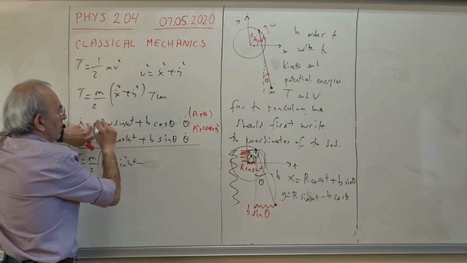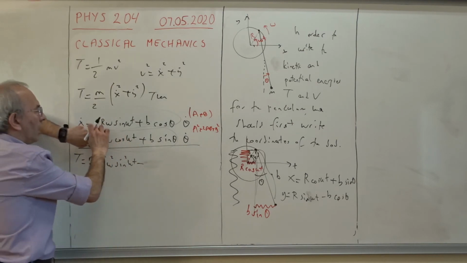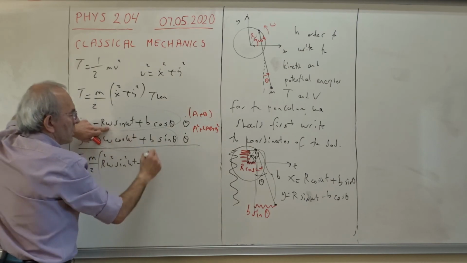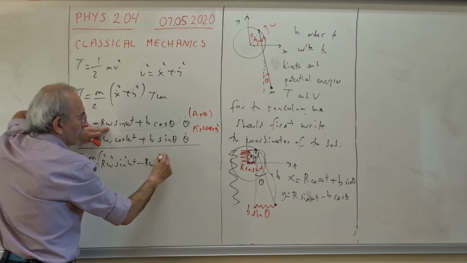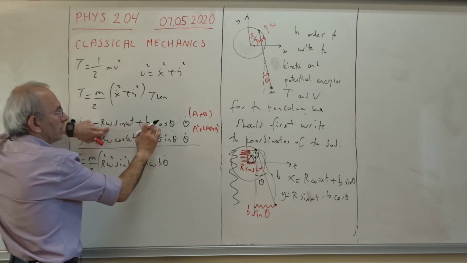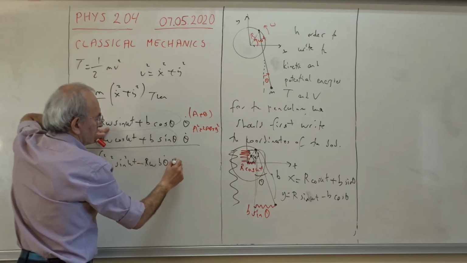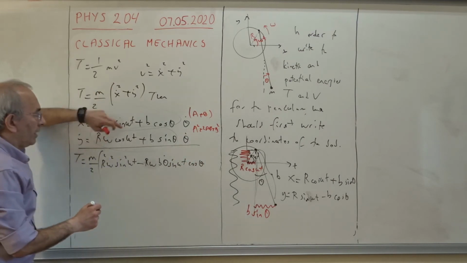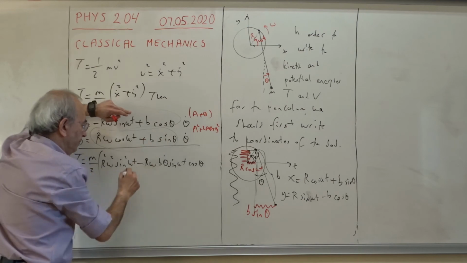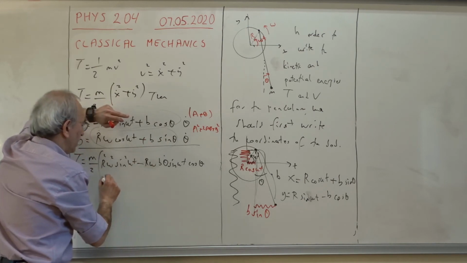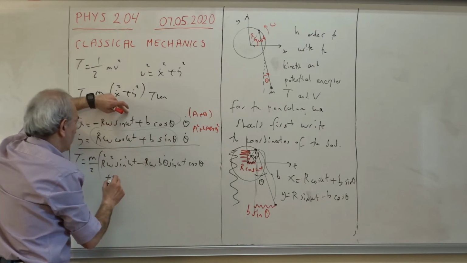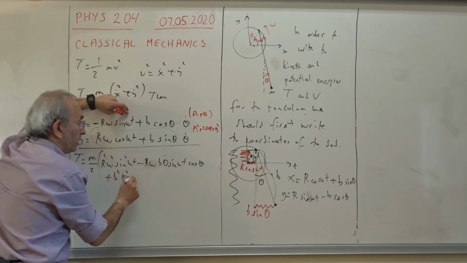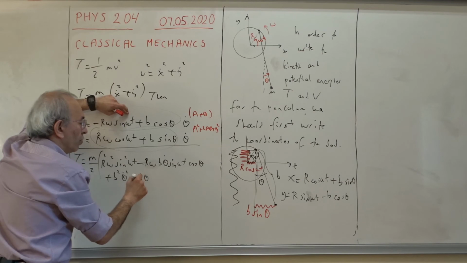Minus, let's first write the constants, r omega b theta dot multiplied by sine omega t cos theta. And the last one, let's add it here, b squared theta dot squared cosine squared theta.